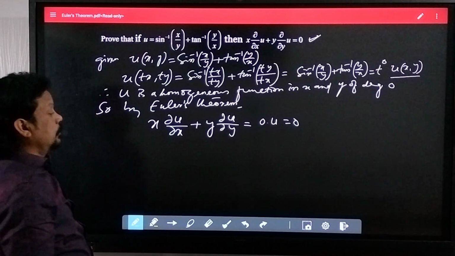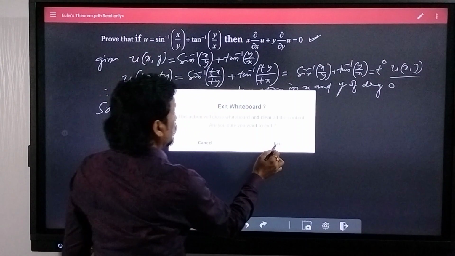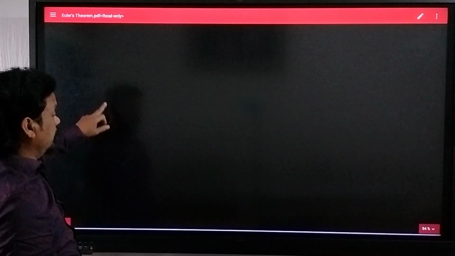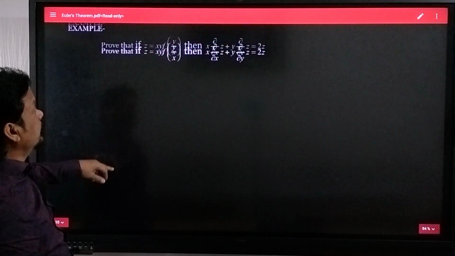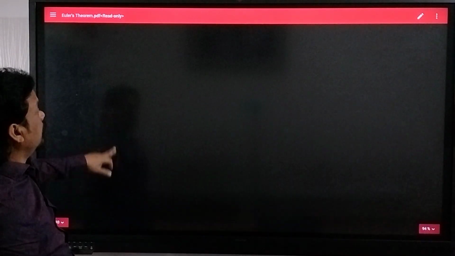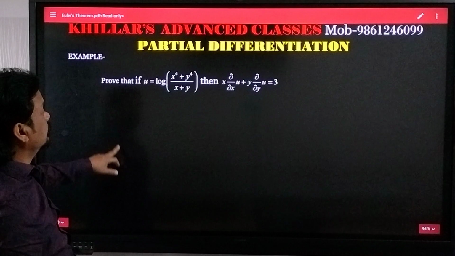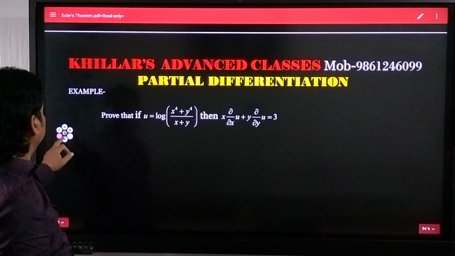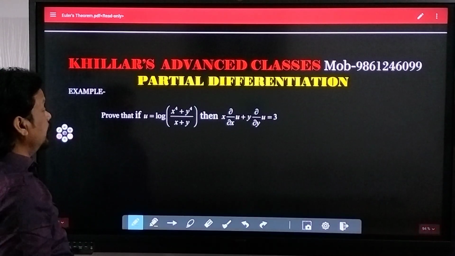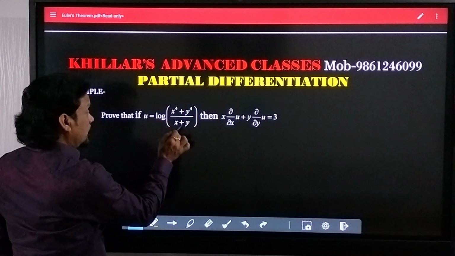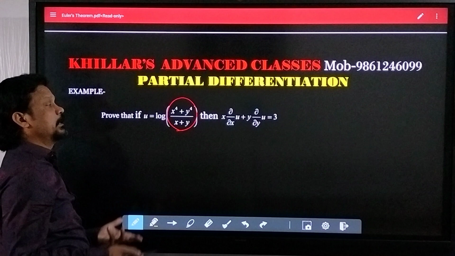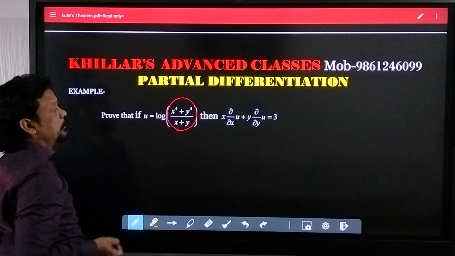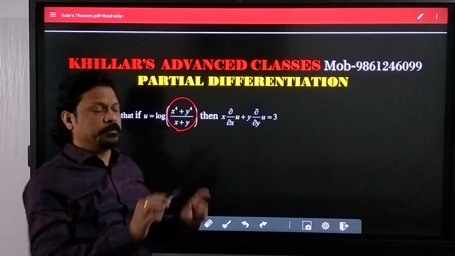Clear? So, now I have already told you how to find the answer directly without solving. From this question I am going to tell you, from the logarithm, how to find the answer without solving. If the question is in this form, log of something, that should be in the form of p by q or simply a polynomial.